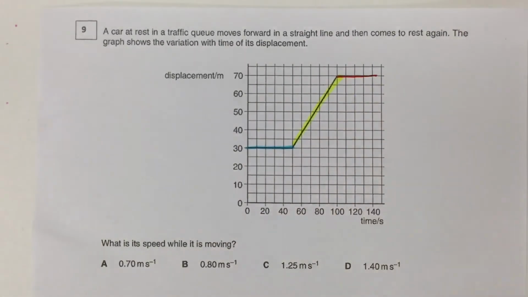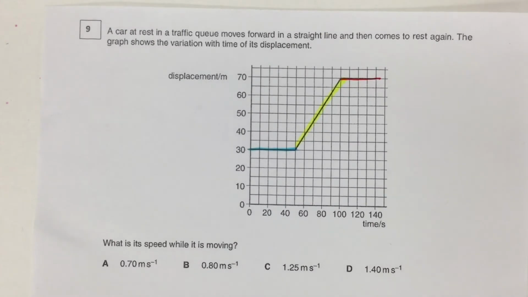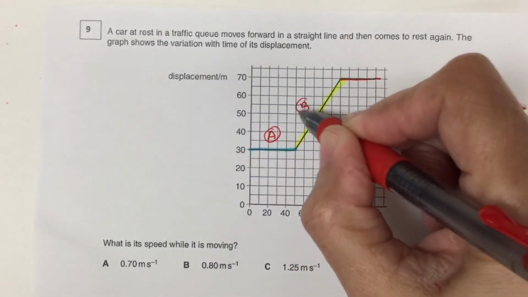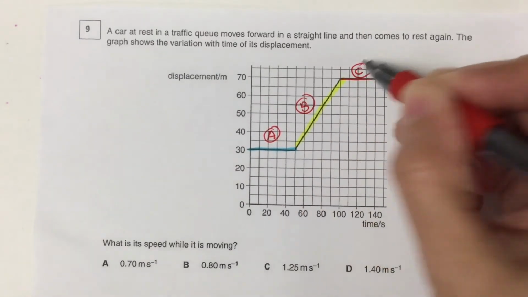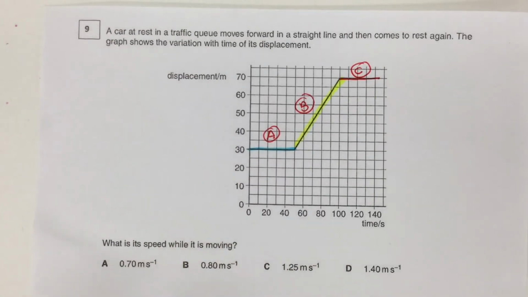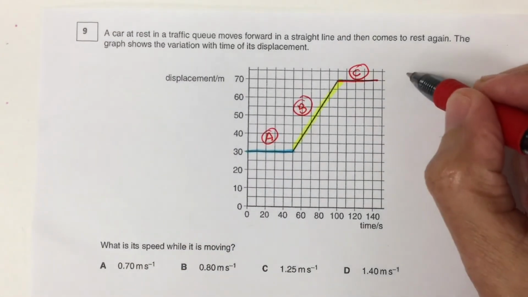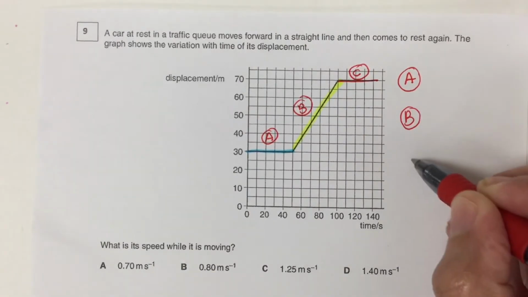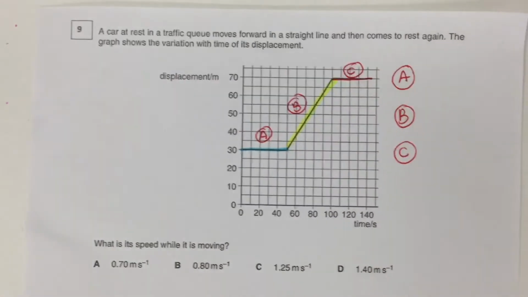Okay, we have 3 sections: Section A, Section B, and Section C. So let's think about the displacement against time. What happened at Section A? What happened at Section B? And what is happening at Section C?